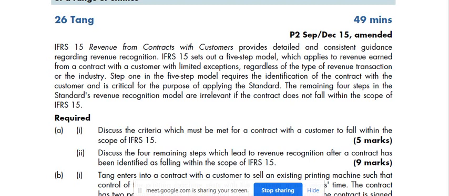Okay, the fourth one is allocating the transaction price to the obligation. Okay, I think that's the one where you talk about the multiple deliveries. Yeah, that's the one you talk about the multiple deliveries.